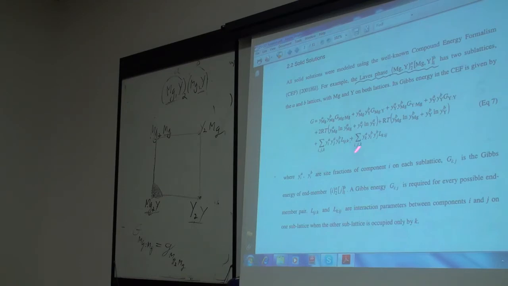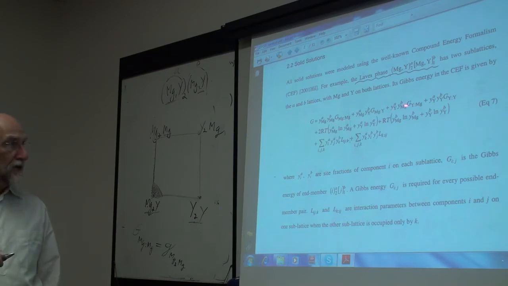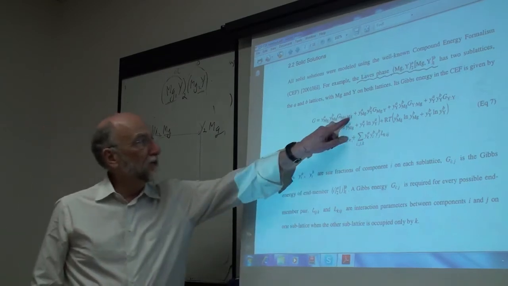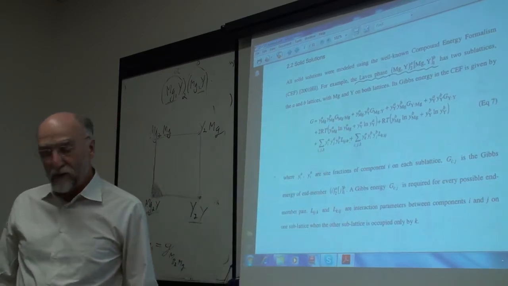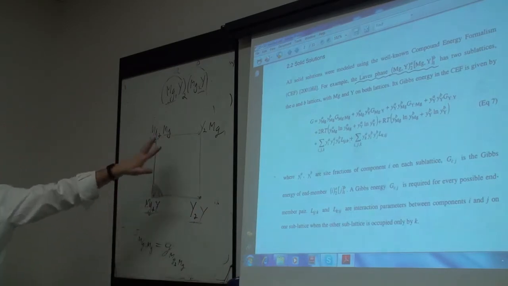Okay. Now, what value should we have for this G0? This here, this is the MgY. So this is your main Gibbs energy down here. And this is your main Gibbs energy of forming this compound. You might say, well, this is the Gibbs energy of magnesium. But no, it's not the Gibbs energy of magnesium. This is the Laves phase. It's a Laves structure.